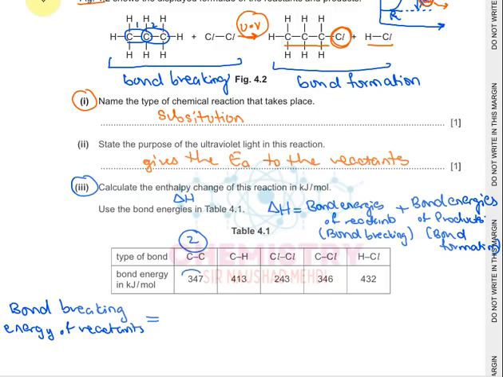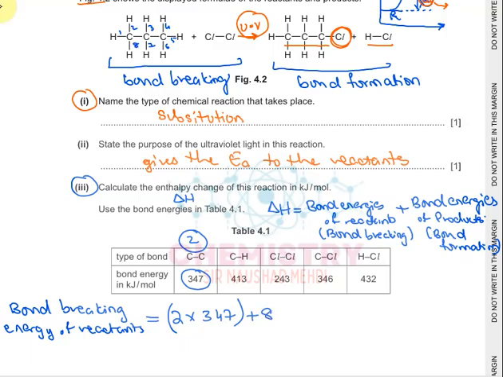The bond energy is given to you, which is 347. So 347 is the bond energy for one carbon-carbon bond, but on the reactant side you have 2 of this type of bond. So 2 multiplied by 347. Now on the reactant side you can see another type of bond, the carbon-hydrogen bond. How many times? 1, 2, 3, 4, 5, 6, 7 and 8. 8 times.